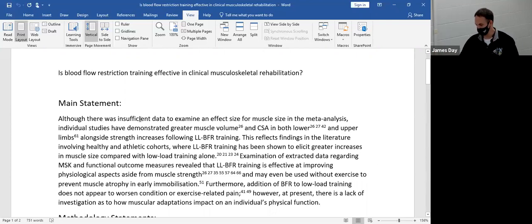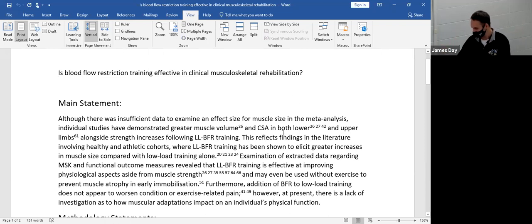Although there was insufficient data to examine an effect size for muscle size in the meta-analysis, individual studies have demonstrated greater muscle volume and CSA, it says somewhere in there what that is. If you're using abbreviations, abbreviations are fine. It's a great way to add words. The first time you would use it, you would say it in full and then put it in parentheses.